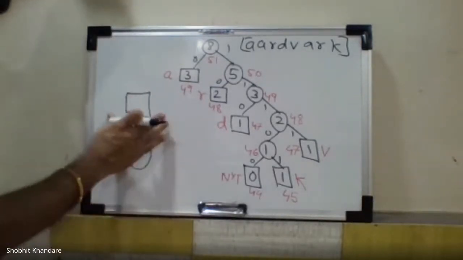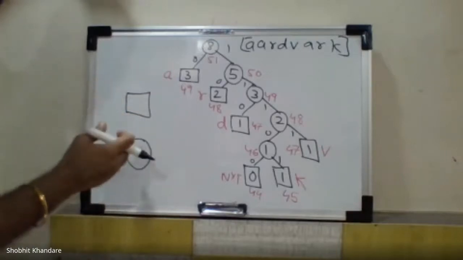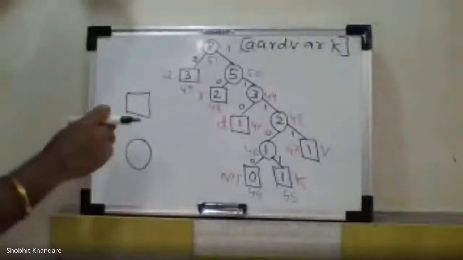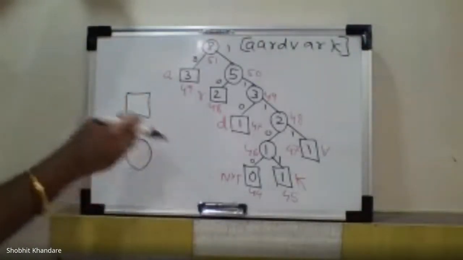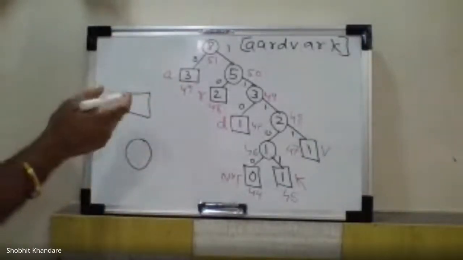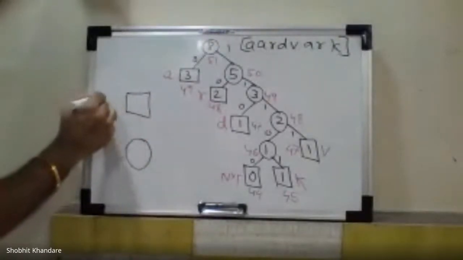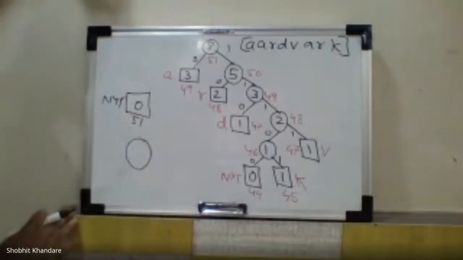the nodes. So with these nodes, we have gradually developed. We have started with the NYT that is not yet transmitted, and it will always be taken as 0, and always the left child will be added to the root. Whenever you have a new entry, that will be added to the root. Okay. Now with that, we have started with NYT with the value of 0 and the weight is 51.